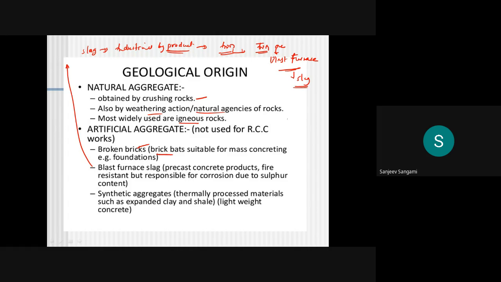These are all fire resistant because it's already a burnt product. Then synthetic aggregates are thermally processed materials such as expanded clay and shale. So these are all lightweight aggregates. The density is very low for synthetic aggregate.